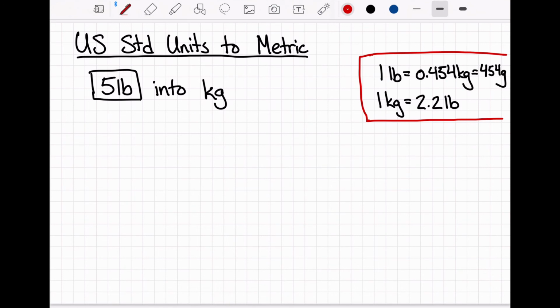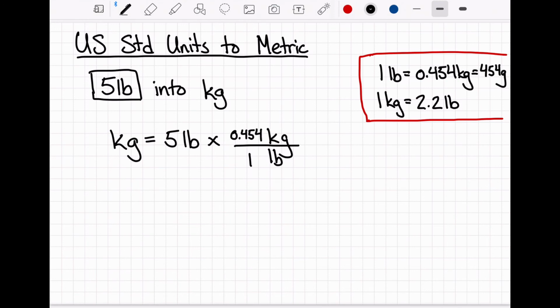So let's jump into our calculation. We start off with our 5 pounds here, and we know we want to end up with kilograms. We're going to have pounds on the bottom so that we can cancel those units out. We look over here and we know that 1 pound equals 0.454 kilograms.